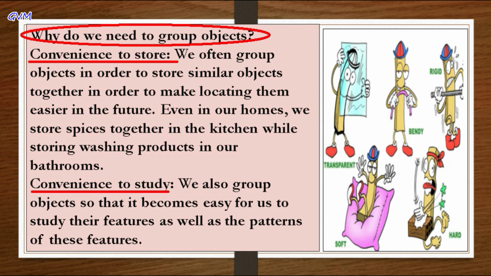The next reason is convenience to study. Students, we also group objects because it becomes easy for us to study their features as well as the pattern of their features. So that's why we categorize objects or materials into different groups.